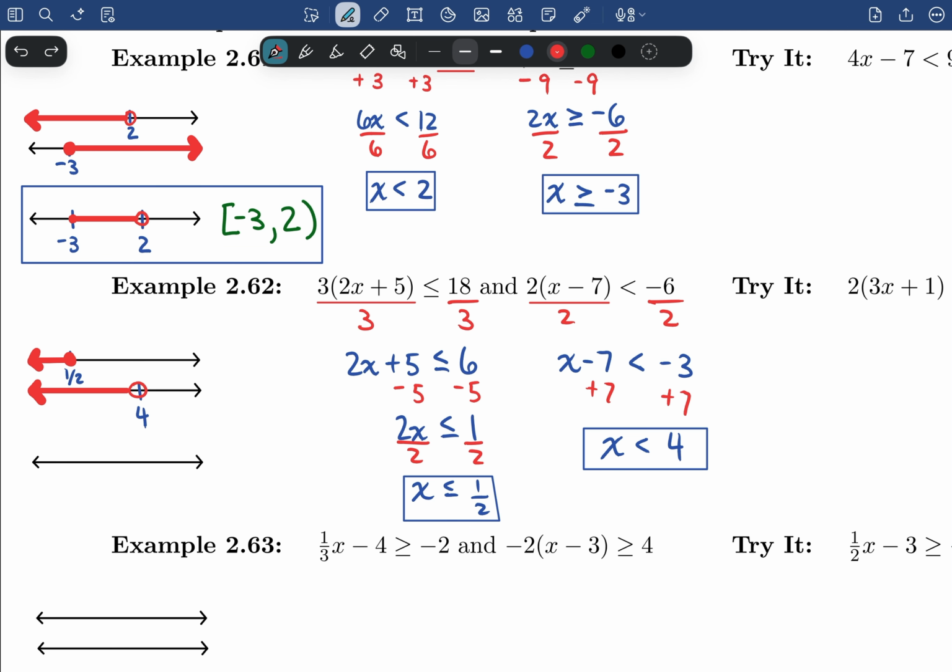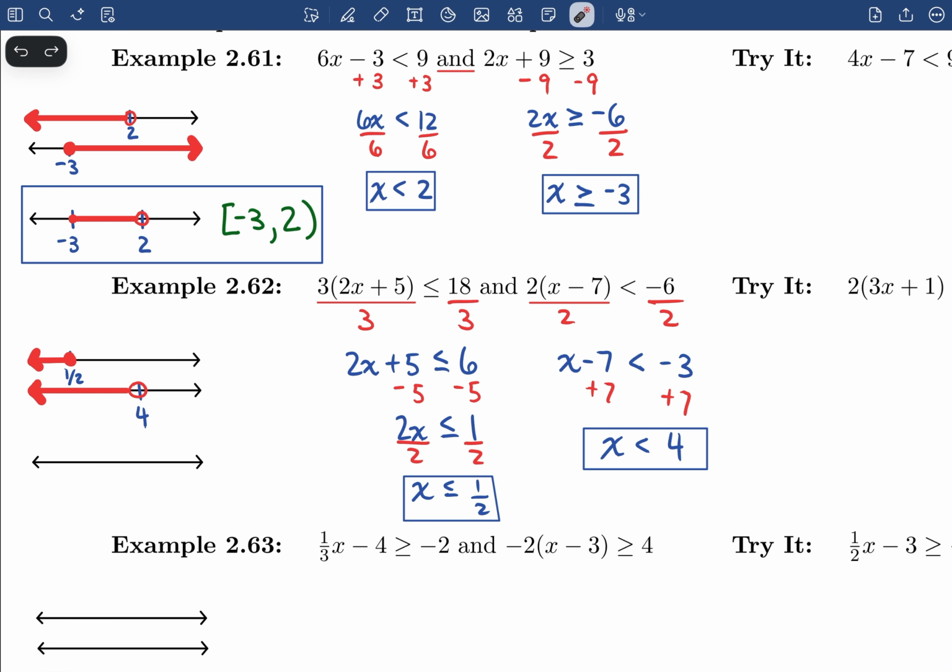I stack them on top of each other so it's easy to see. All right. So the only place where both inequalities are true is from negative infinity to 1/2, right? Both of these are shaded all the way up until that region.